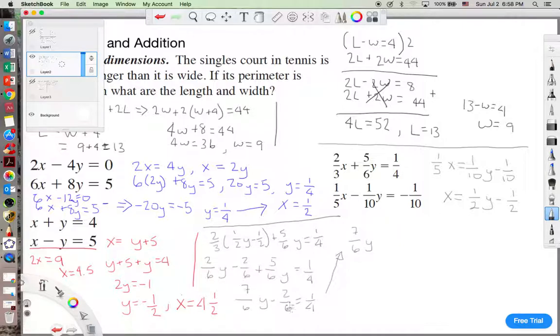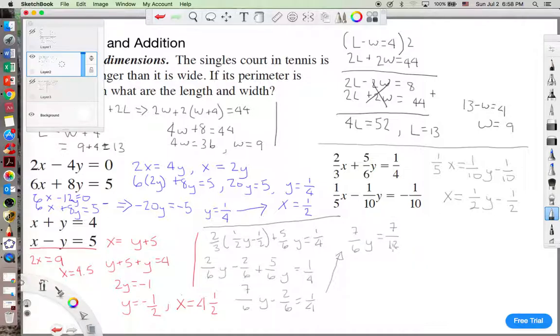So 2 times 2 and 6 times 2 is 4 over 12, plus 1 times 3, 4 times 3 is 3 over 12, so 4 plus 3 is equal to 7 over 12.